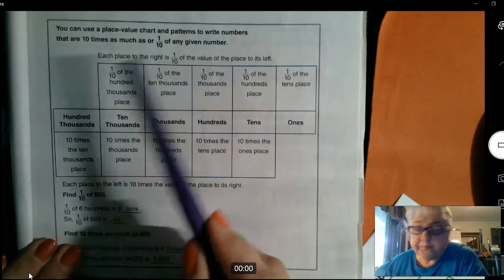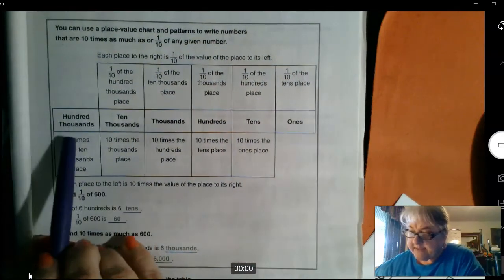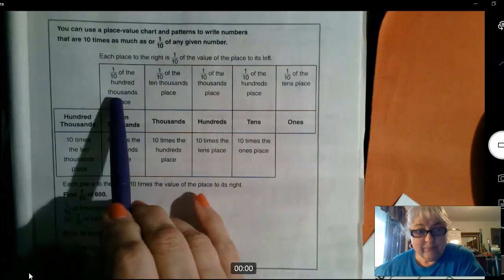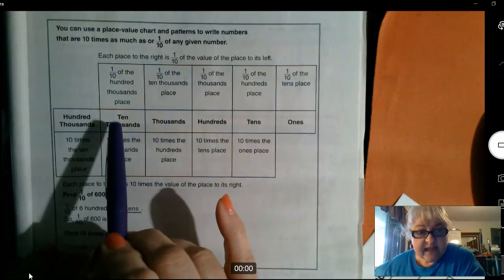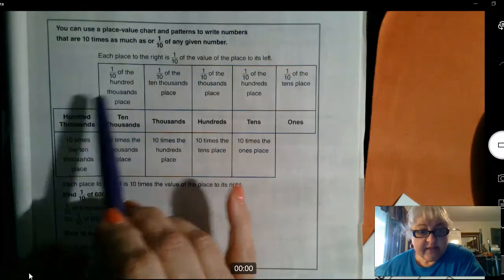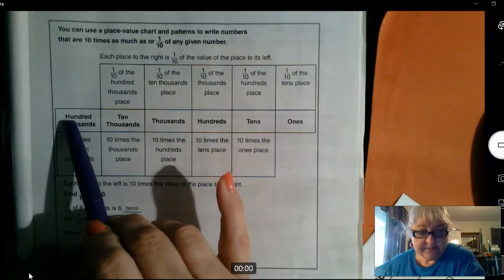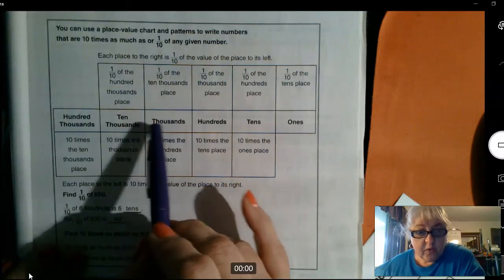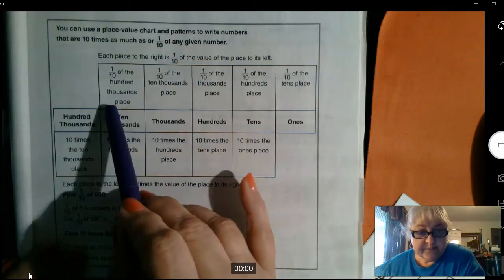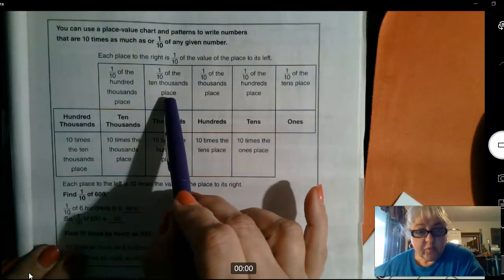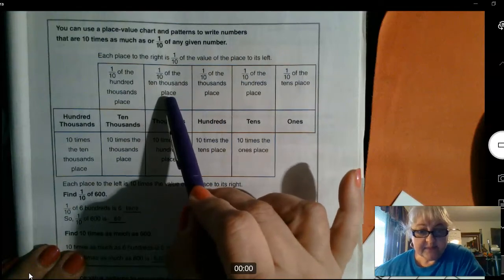of any given number. For example, if I start with hundred thousands and I go back to 10,000s, 10,000s is 1/10 of the hundred thousands place. If I go to the thousands place and I go back, it's 1/10 of the 10,000s place.